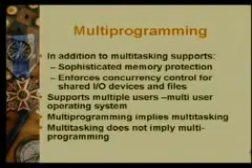Now, let us look into slightly more detail of multiprogramming. What do we mean by multiprogramming? In addition to multitasking, multiprogramming supports sophisticated memory protection among various processes. It allows sharing of information, which normally multitasking does not do. It enforces concurrency control for shared input-output devices and files.